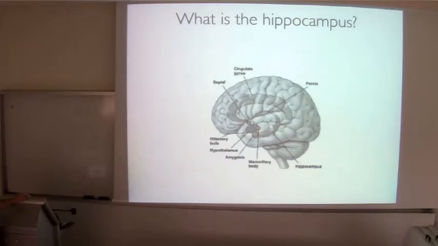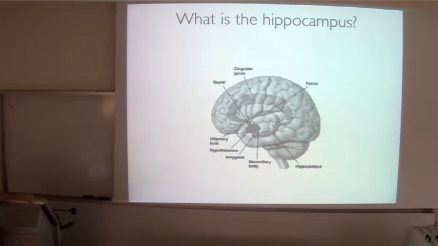That is kind of surprising in some sense, because in some ways it looks more like cortex than any other part of the limbic system, which are just nuclei that don't have almost any order in them. The hippocampus is very organized, and it's also very intimately connected to the neocortex. So it's kind of surprising, but nevertheless, it's part of the limbic system.